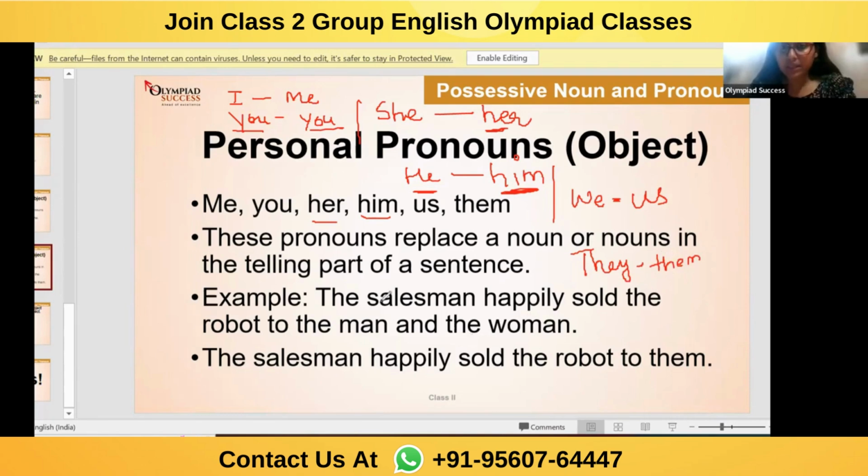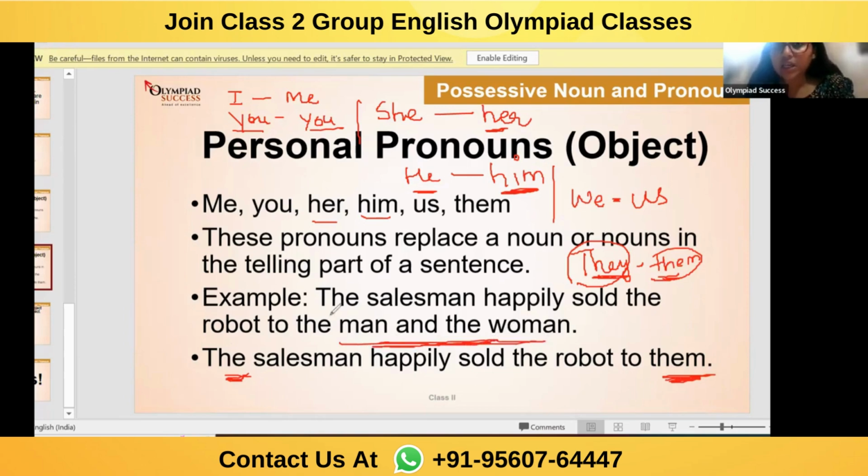Ma'am, what is the difference between these two words, they and them? See, they we use at the starting part of the sentence, while them we use at the end part of the sentence. For example, the salesman happily sold the robot to a man and a woman. So they are two, plural.